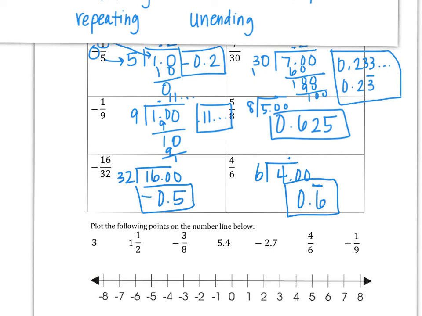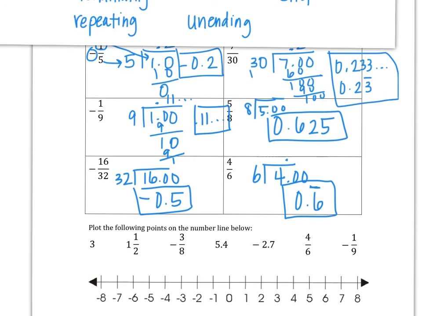Plot the following points on the number line below. So first one we have is 1 1/2. And so here is our 1 right here. And so 1/2 would be right there. So that's where we're going to put our point. Next one is -3/8.